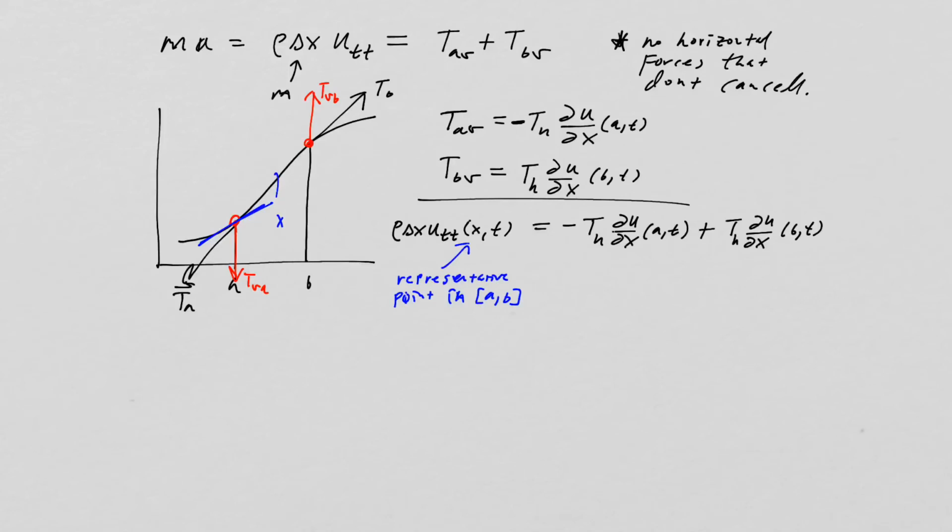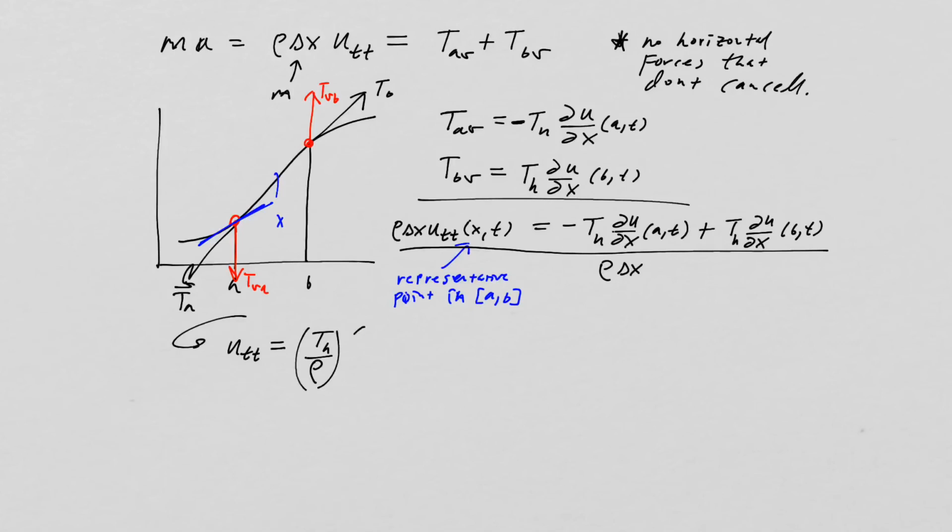All right, so what I can do now is divide this whole thing by rho delta x. And then, of course, we get u_tt is equal to TH over rho. We'll put that parameter out front. And then after we move everything around, we're going to get u_x at b comma t minus u_x at a comma t, all over delta x.